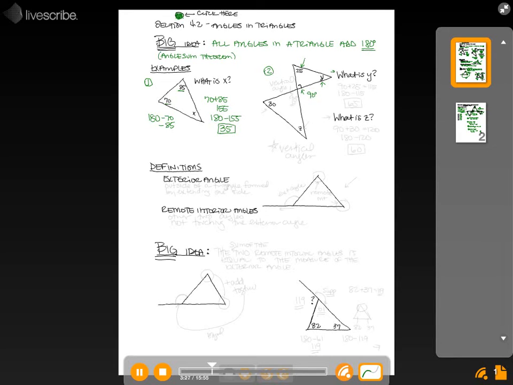So we're going to do the same thing we did in that first example. We're going to add those 2 numbers together, 90 plus 25. When we add them together, we get 115. We do 180 minus 115, and we get 65. And there's the answer to the problem.